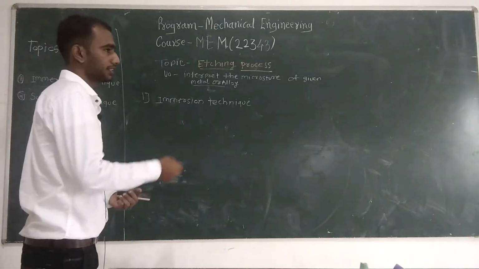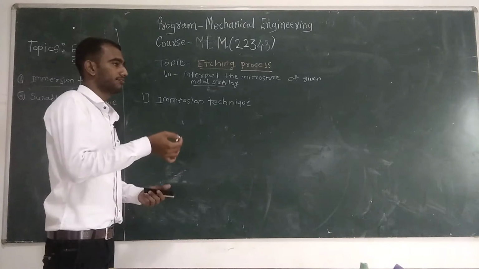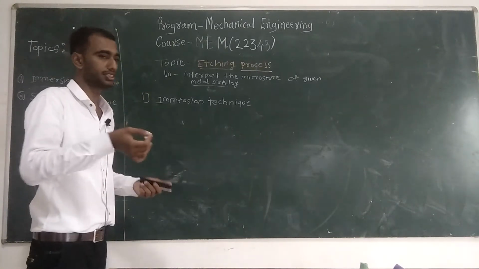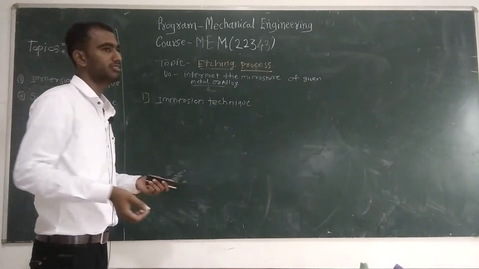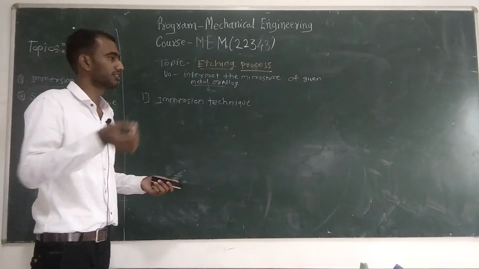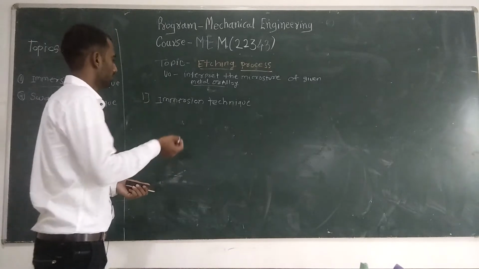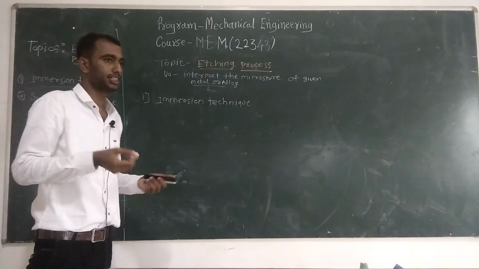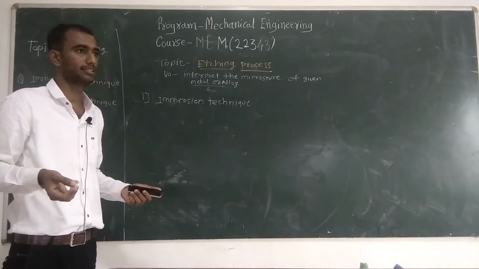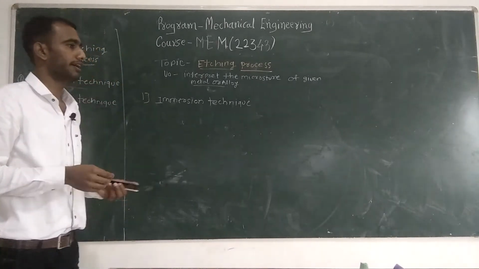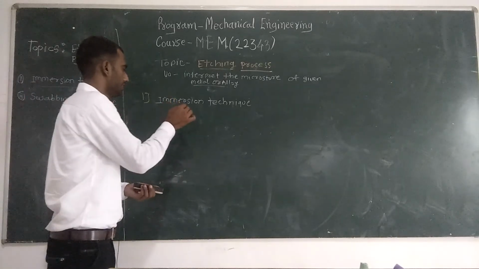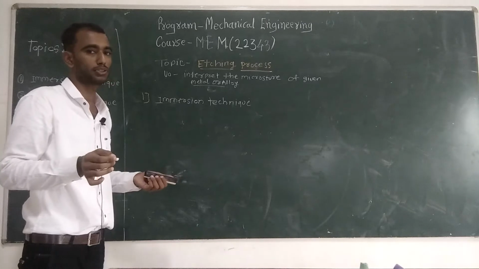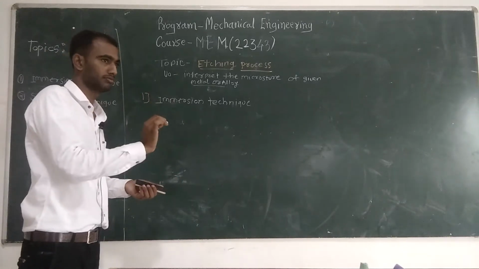In the immersion technique, the reagent is taken in a container or dish, then the specimen is agitated completely and dipped into the reagent without touching the bottom surface of that container or dish.